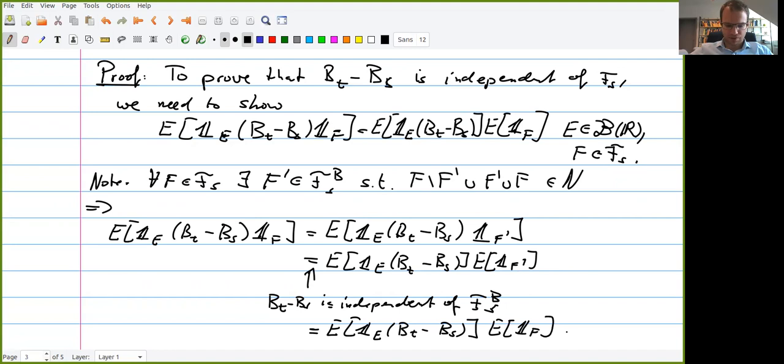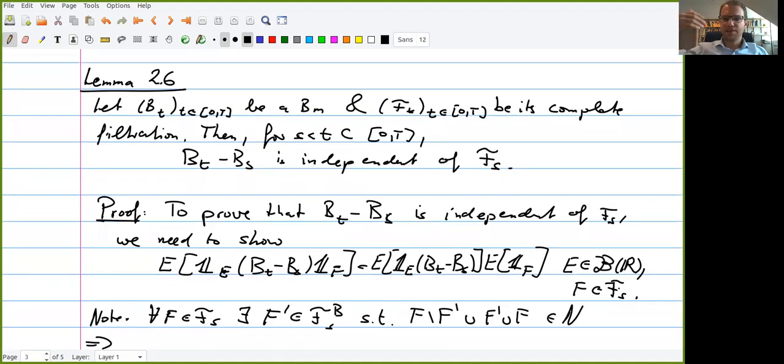And this is the claim I wanted to have. Right, so that's all. Okay, so adding the null sets to the natural filtration of the Brownian motion, so completing it, doesn't destroy the Markov property, and this is also what we implicitly already used in the last theorem.